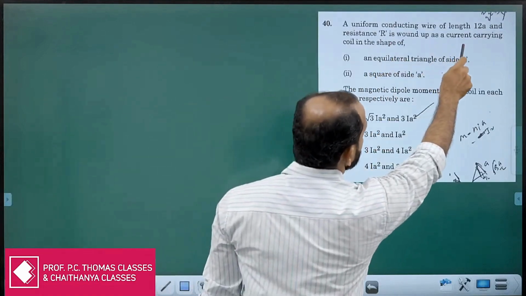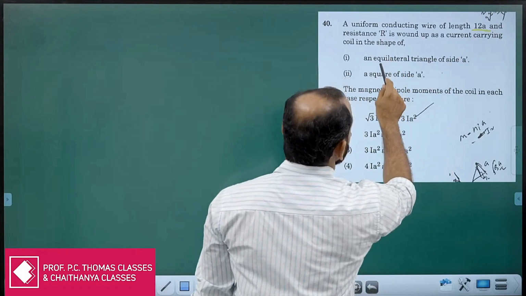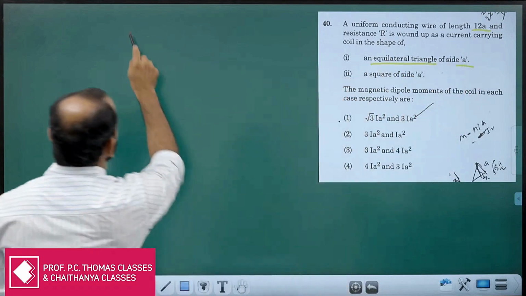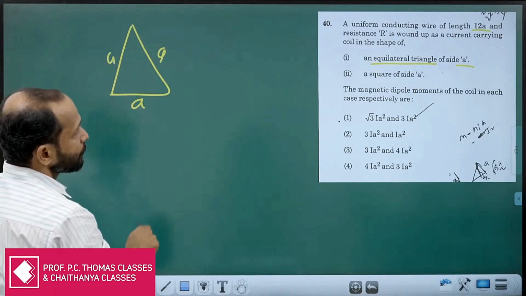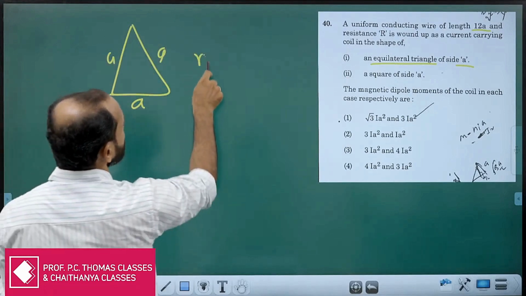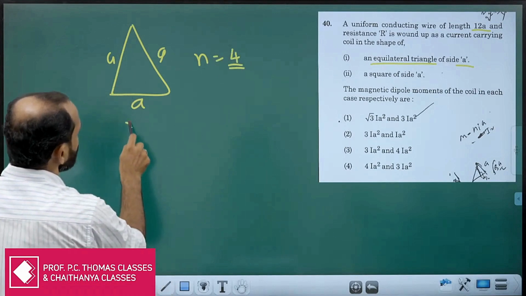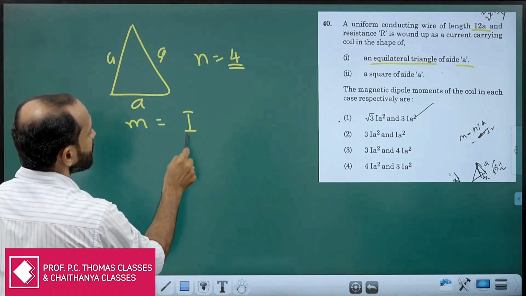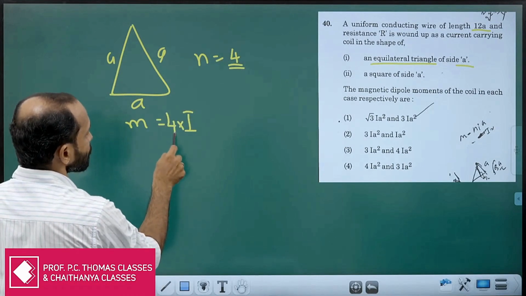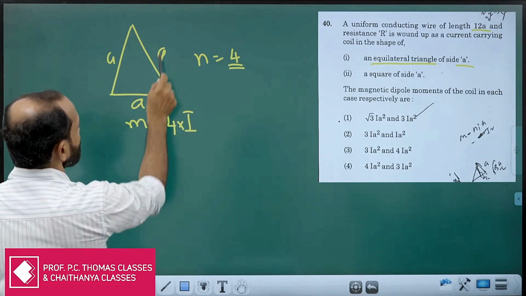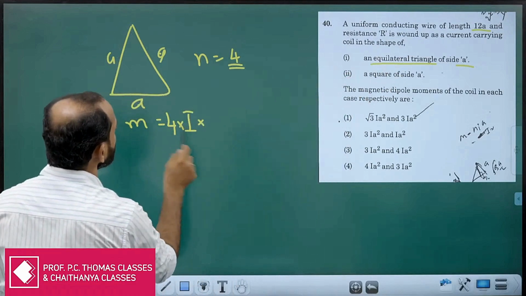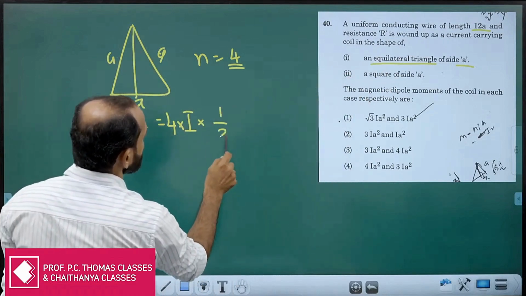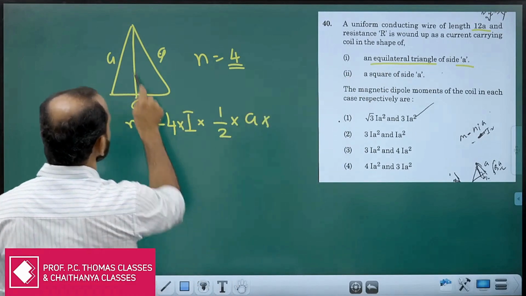40. Uniform conducting wire of length 12A is bent into an equilateral triangle of side A. Side A plus A plus A, 3A. So 3A into 4 only gives 12A, so there must be 4 turns. Moment is equal to current into area into number of turns. Number is 4; 4 turns are there. So 4 into I into area. Area of this triangle is half into base into altitude.